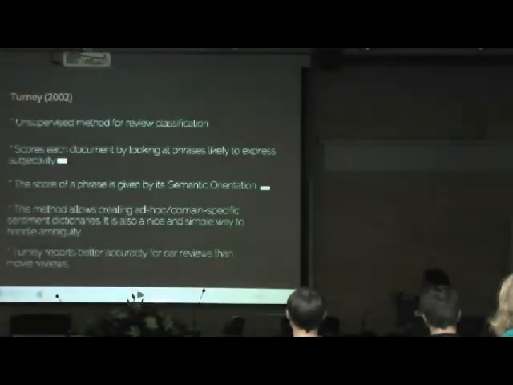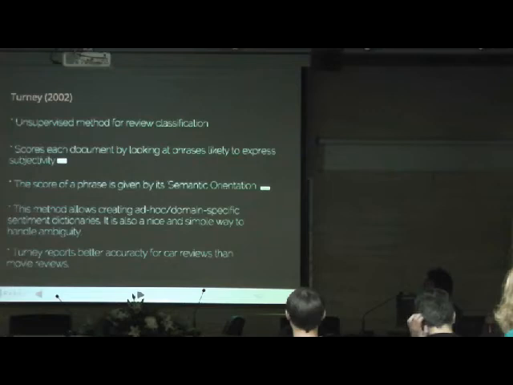But the idea is that it's called semantic orientation, and the whole thing behind this is that the semantics, in computational terms, okay, this is not linguistic, but in computational terms and in corpus linguistics, the semantic orientation, meaning the polarity of a word or a phrase, is very much related to the company it keeps.